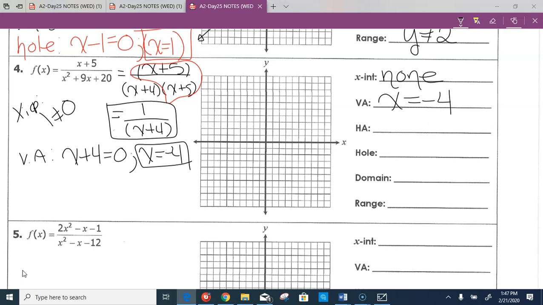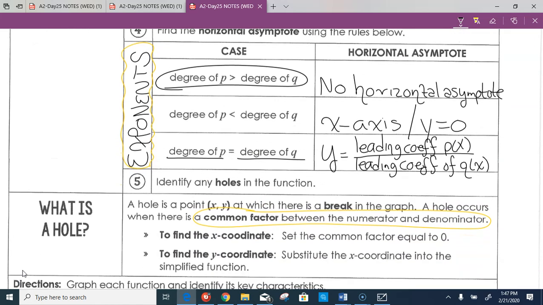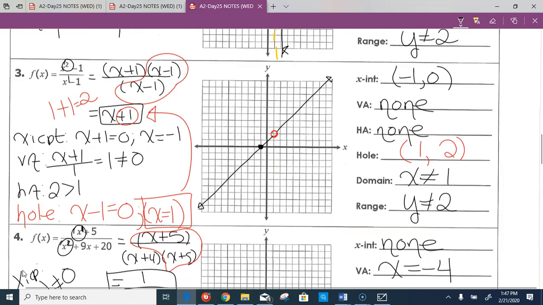Now to figure out my horizontal asymptote, I have to use the degree, or the exponents, for my equation. The top has a degree of 1. The bottom has a degree of 2. 1 is less than 2. So according to my notes above, when the degree of P is less than the degree of Q, then y equals 0 is my asymptote.